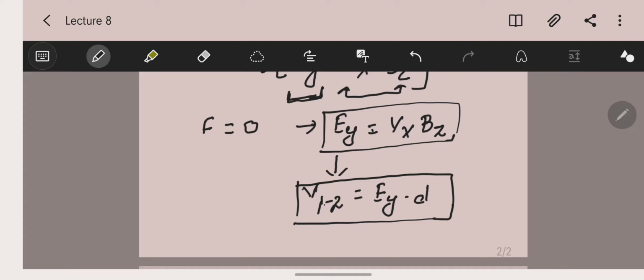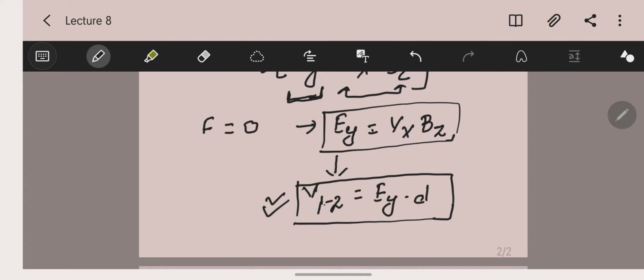Now what is the Hall effect? Basically, the setting up of the electric field Ey is the Hall effect, and because of that some voltage is also induced, and with the help of the polarity of this voltage we can say whether the specimen is a p type semiconductor, an n type semiconductor, or a metal.